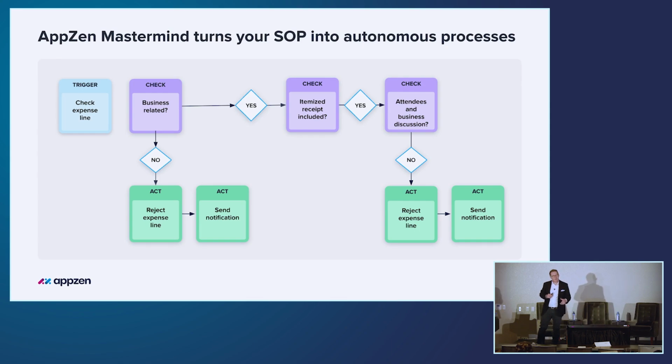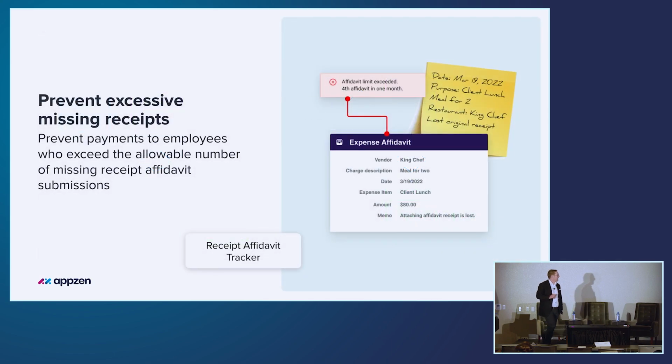He's got some real life examples where he's going to show you the screens. But effectively, if you start to look through your documents, look for efficiencies, look for use cases, and then break it down, we're going to give you a platform that's going to allow you to embed that into AppZen.